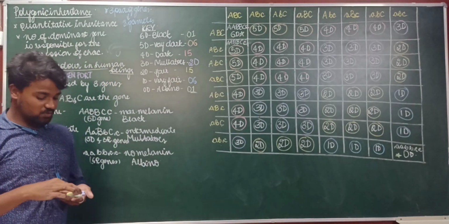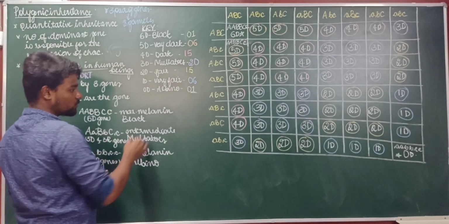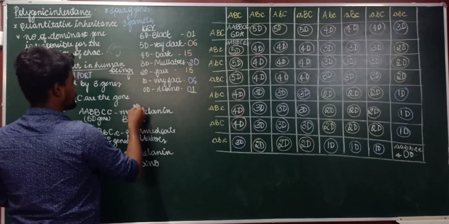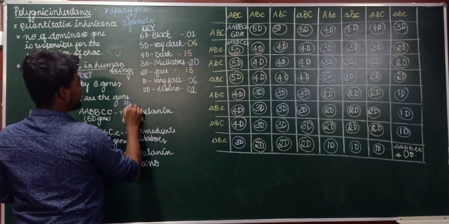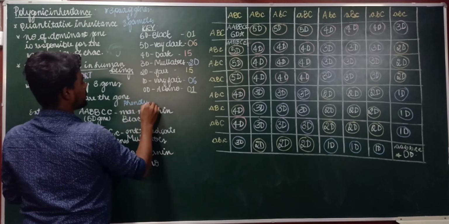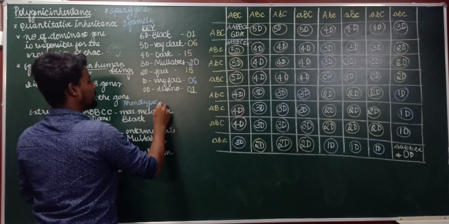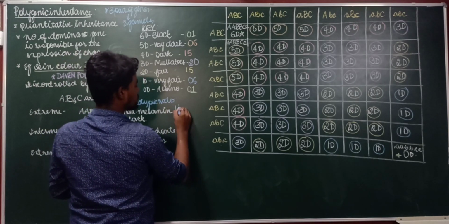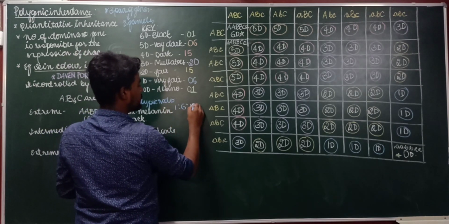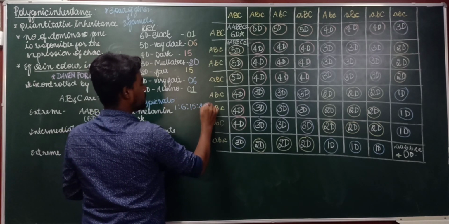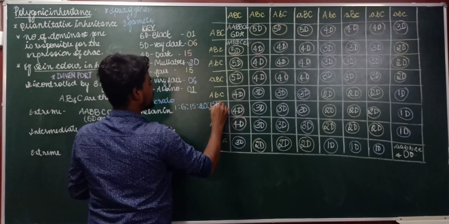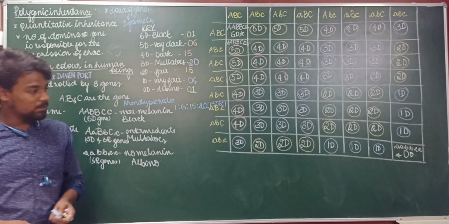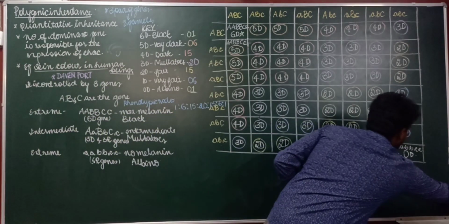So what are the ratios that we have to write now? I'll put it here. Yes, the phenotypic ratio will be 1:6:15:20:15:6:1. So this is the ratio. Let me write it neatly.